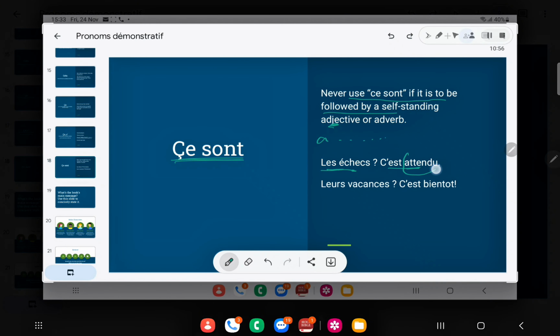So this is a self-standing adjective. So you don't say ce sont attendu. Likewise, in this second sentence, leurs vacances, c'est bientôt. You don't say ce sont bientôt. Once you see ce sont, you should be wary of using adjectives after it. If you must use an adjective, then you must change this to c'est.